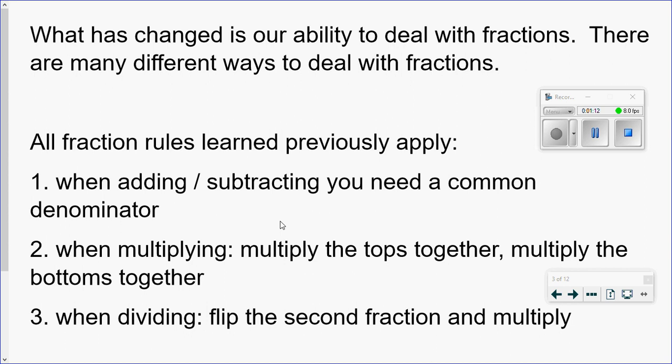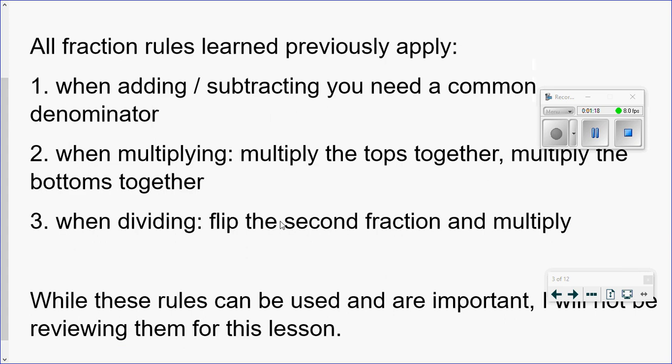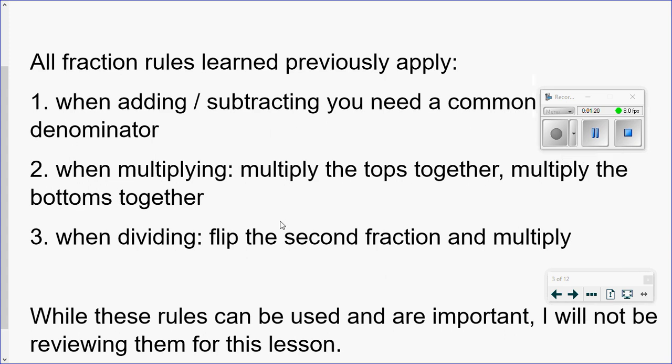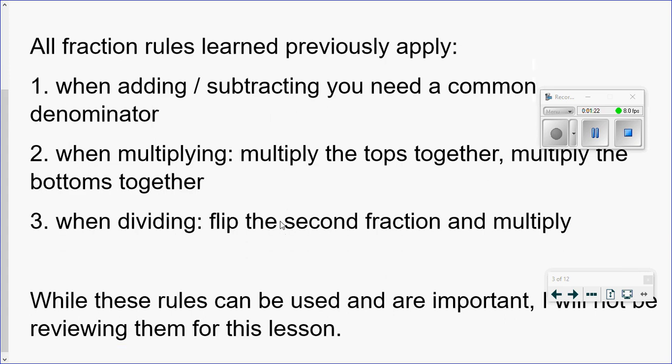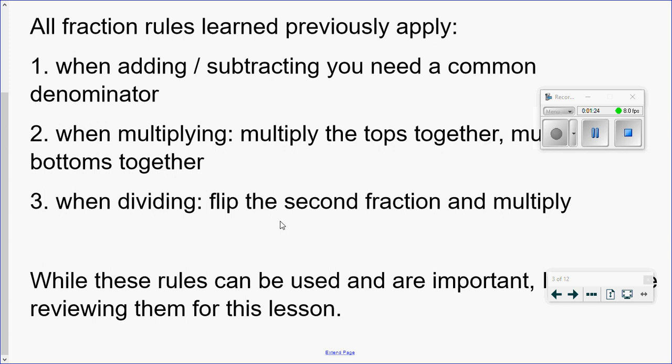With me, we have covered how to add and subtract fractions, common denominator. We reviewed how to multiply fractions, multiply the tops together, multiply the bottoms together, and how to divide. Flip the second fraction and then multiply them. You are still able to use them. If you know how, you are still welcome to use them.